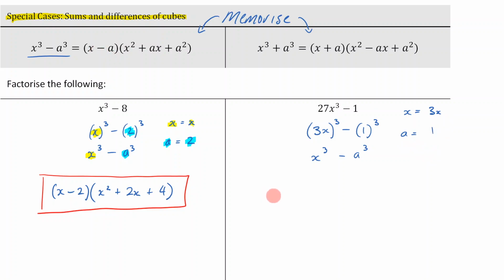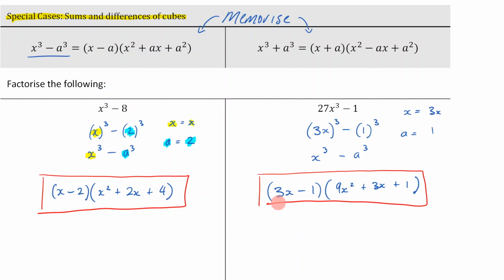So it's going to be 3x minus 1, bracket open, then it's going to be 9x squared. Then I'm going to multiply them together, 3x plus 1. Perfect. So what you really have to remember is when you've got a negative here, it's negative, then positive, and a positive. And that's our answer.